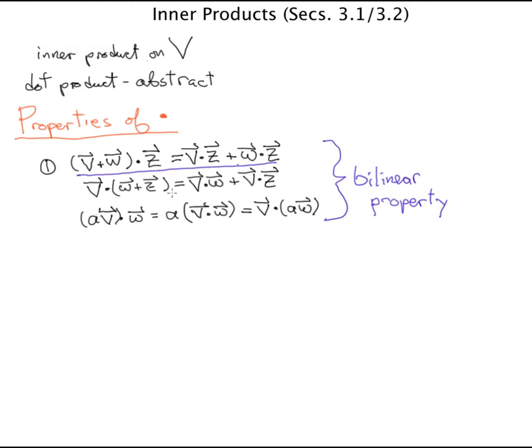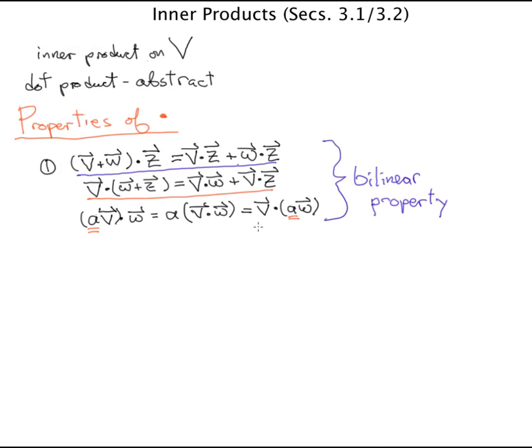And the bi means that it works on both sides. So there's linear on the left-hand side and linear on the right-hand side. And similarly, the fact that you can pull scalars out this way on the left is half of the bilinearity, and then they also work on the right of the dot, I should say. That's the other part of bilinearity.